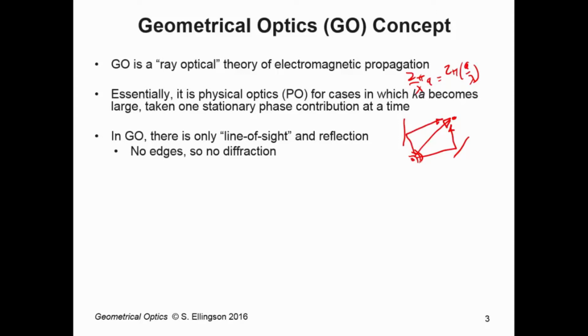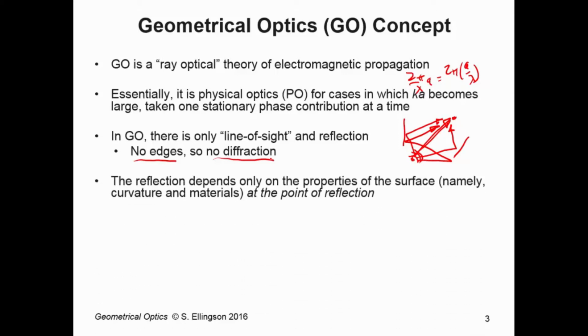It is not precluded to have multiple reflections, so you can have a reflection that does something like this, multiple reflections. But you're limited to simply line of sight and some number of reflections. Because GO doesn't know anything about edges, and this is because it's related to physical optics and the stationary phase interpretation, there is no diffraction. To include diffraction, you have to acknowledge the edges or the finiteness of objects.